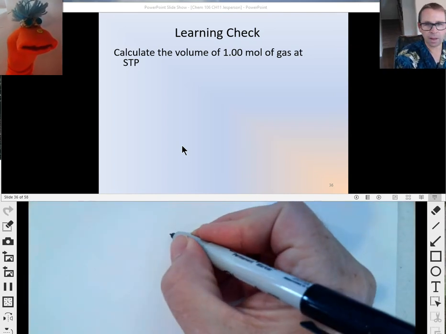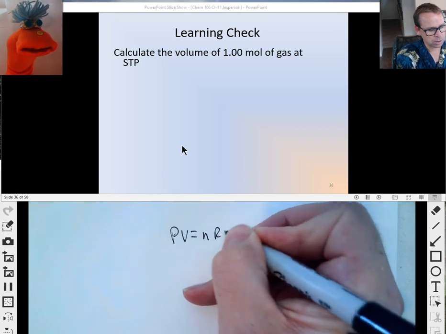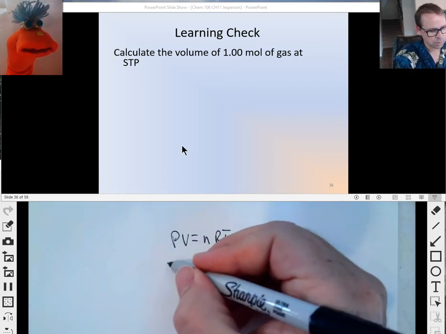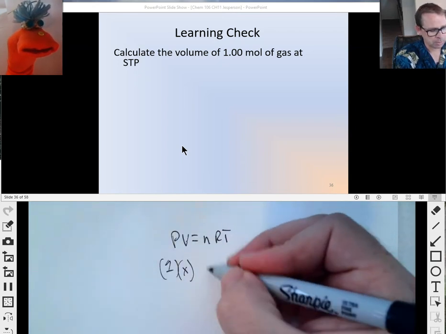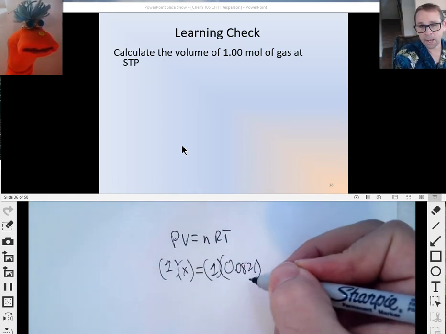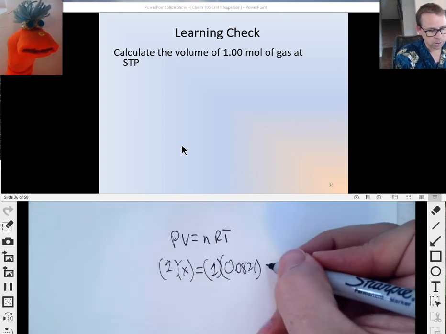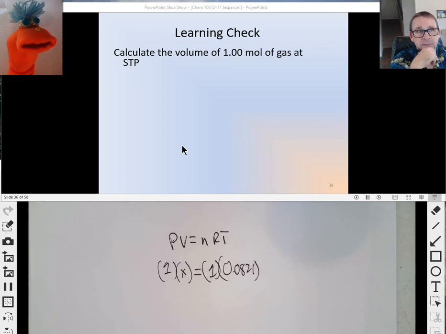And we can show that now with our ideal gas law, PV equals nRT, right? Pressure, 1 atmosphere. Volume, that's what we're after. Moles of gas, 1 mole of gas. R, 0.0821. That's liter atmospheres per mole Kelvin. Temperature. Now, this is something that we always have to remember, that the temperature at STP, standard temperature and pressure, is 0 degrees Celsius, or 273 Kelvin.